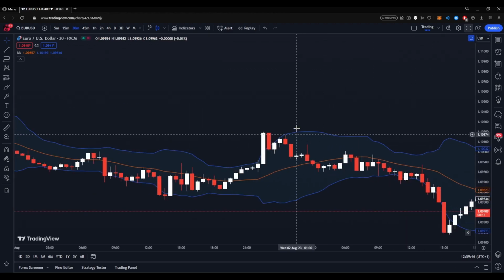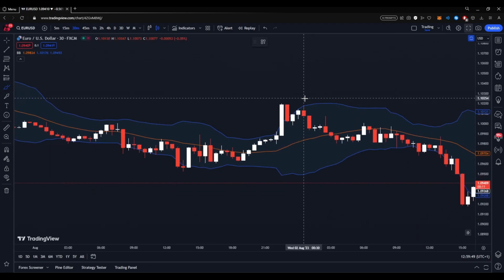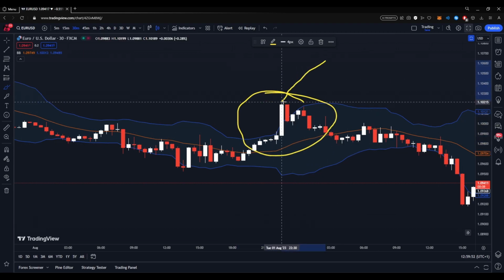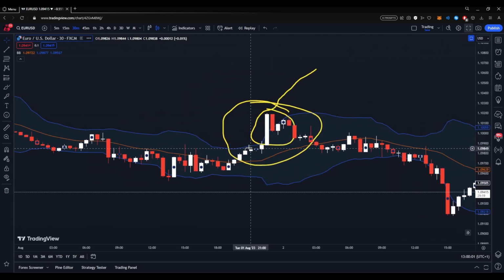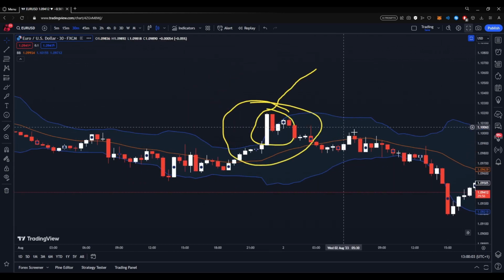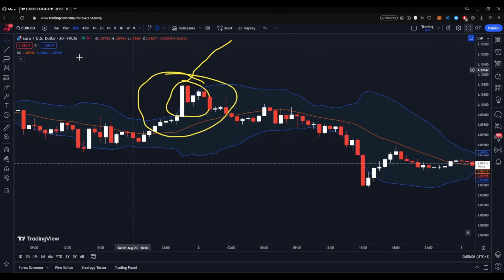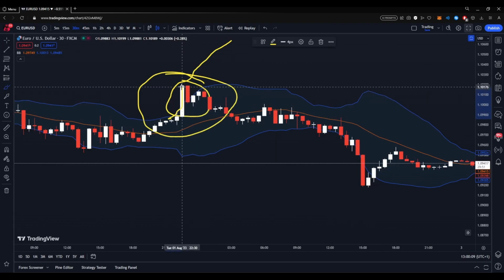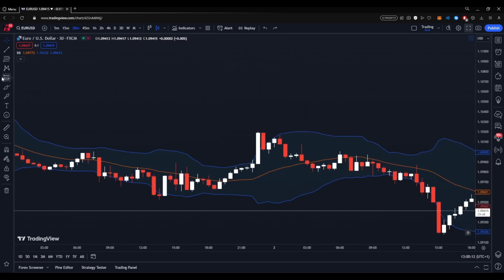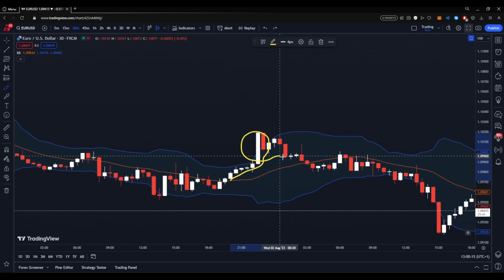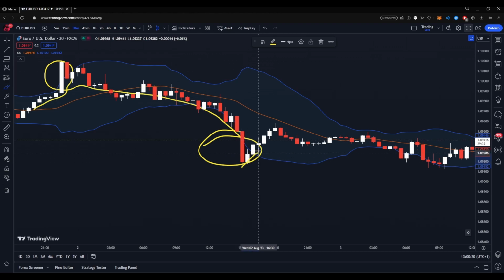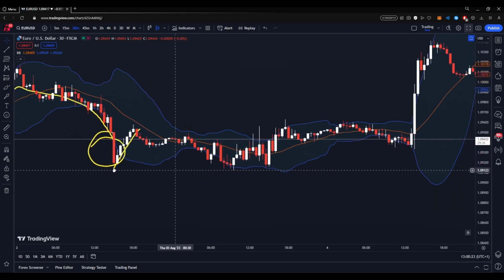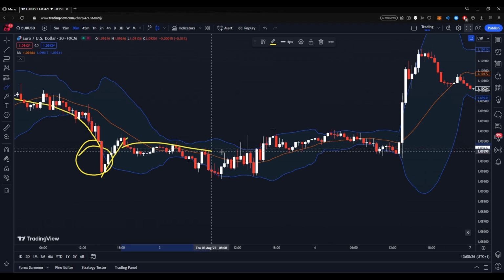But whenever the candle goes out of the Bollinger Bands, meaning the market is overreacting, most likely the price is going to reject, touching the bands, going out of the bands, then rolling over like so. The price went and got out of the band, then dropped, then got out of the band again and got up again and started climbing up.